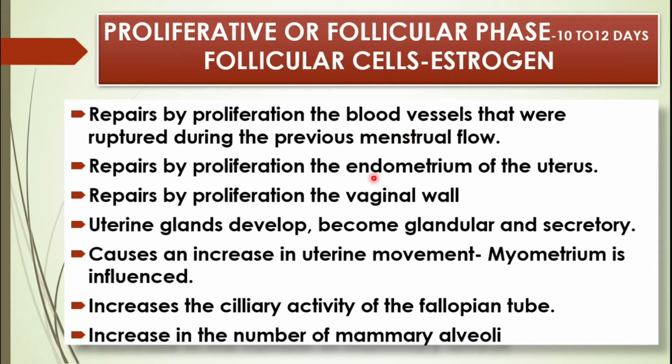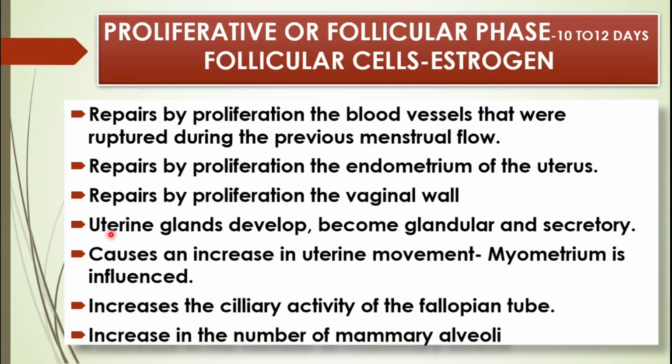The second change is the endometrial wall, which was released or sloughed away during the previous menstrual flow, is once again getting repaired, and repair happens through proliferation. So this is the second change. The third change is the vaginal wall, which was slightly discharged away, is getting repaired by proliferation.